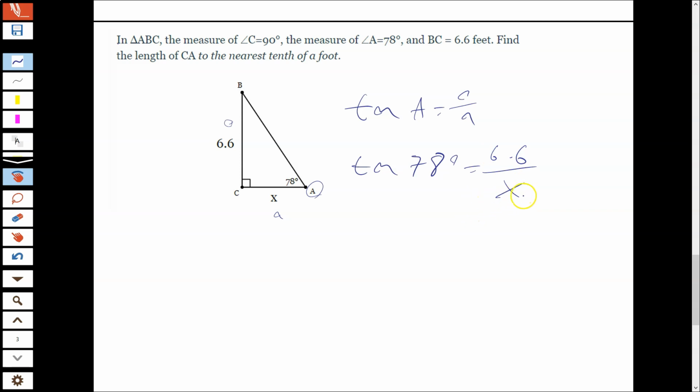Right? And then tangent of 78, you're going to get 4.70 and a bunch of decimals. Keep all those decimals. And your solution when you divide it out is going to be 1.4 feet. I rounded that to the nearest tenth.